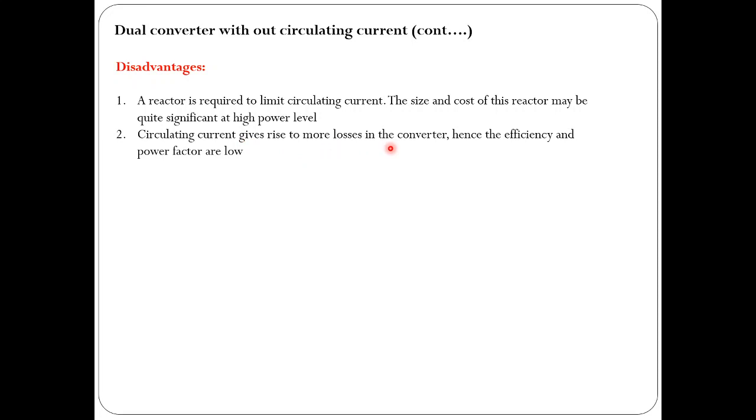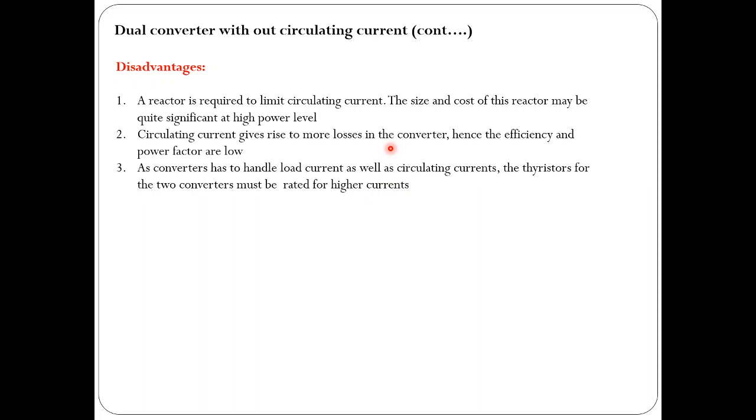Here we considered ideal switches, but if the switches are not ideal, this large circulating current flowing through the switches leads to large switching losses and conduction losses, which lead to poor efficiency and poor power factor.